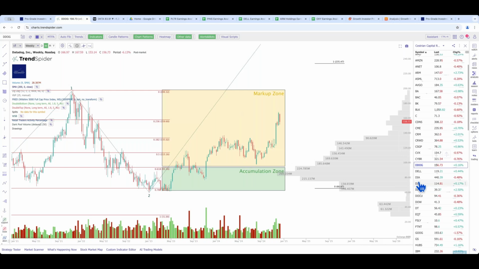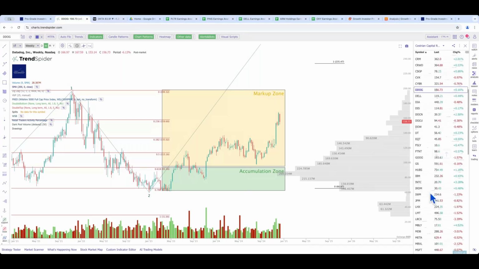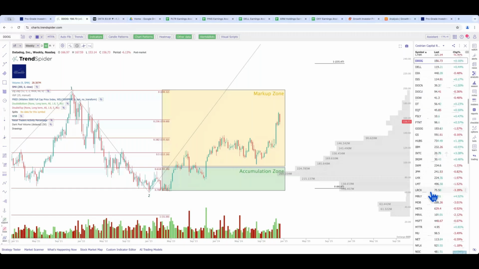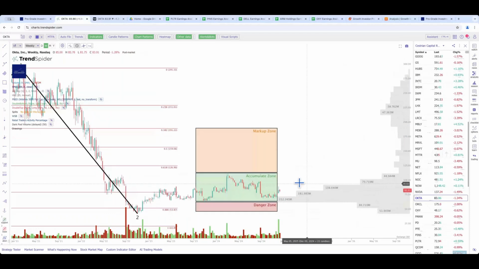Datadog, superb business, fundamentals great, really simple company, nicely managed, great story. Okta, bit of a mess, and has certainly not put in the same sort of explosive move up that Datadog has. So if you look at trough to peak, 45 down here, 113 up here, so it's like 2.5 times or something, but it's then given much of that back.